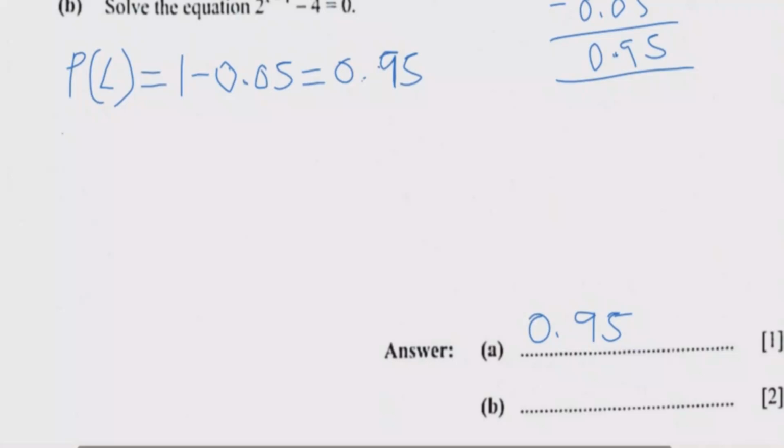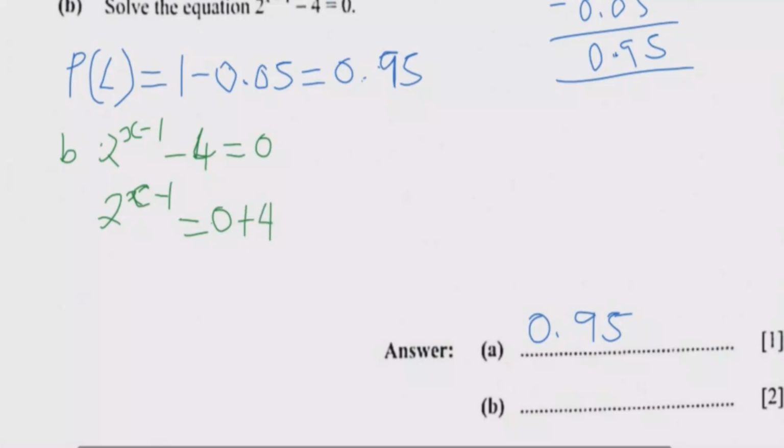The expression is 2^(x-1) minus 4 is equal to 0. Okay, so what we can do now is put like terms together. So we're going to have 2^(x-1) is equal to 0 plus 4.